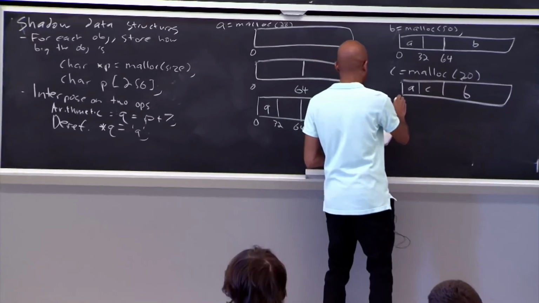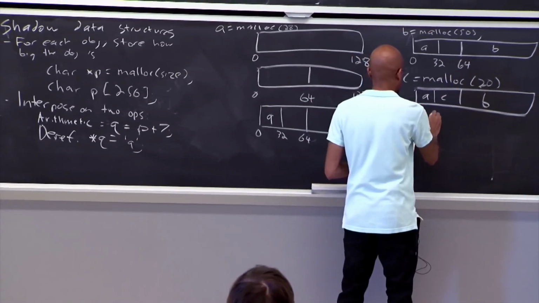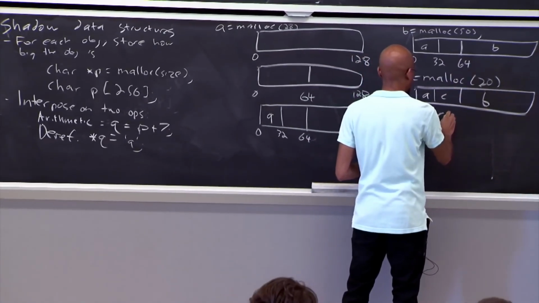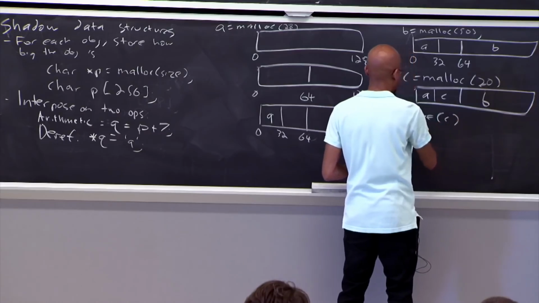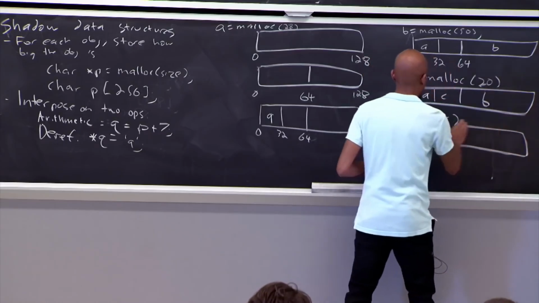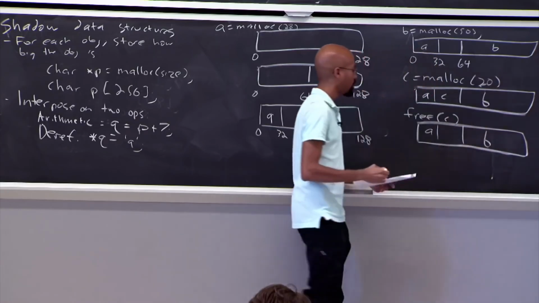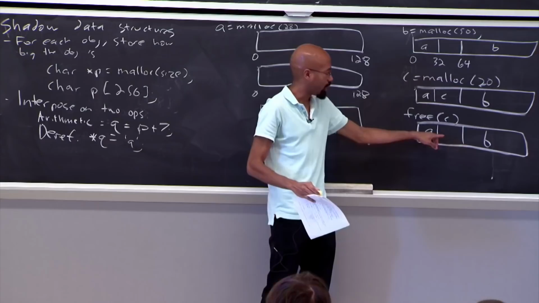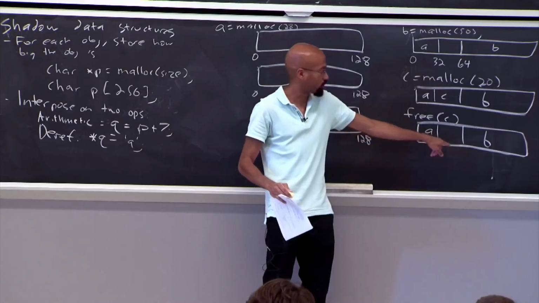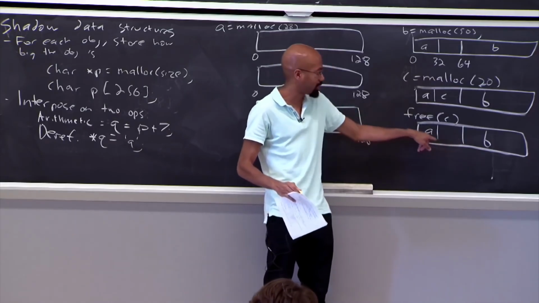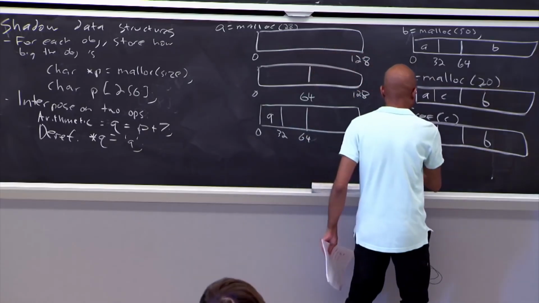So if we had free, let's say C, then we go to this situation. We can't do any merging because this is the only possible block that this one could have been merged with because it's the same size, but this thing's still occupied.